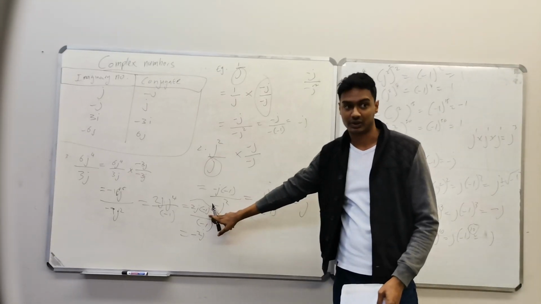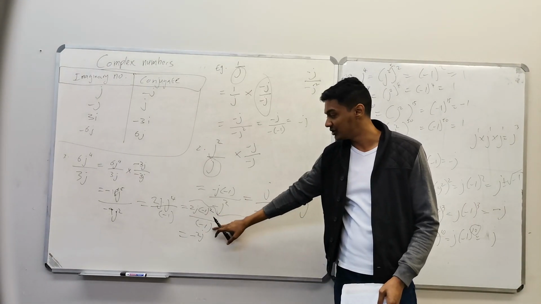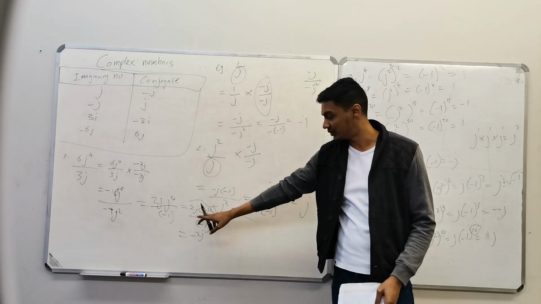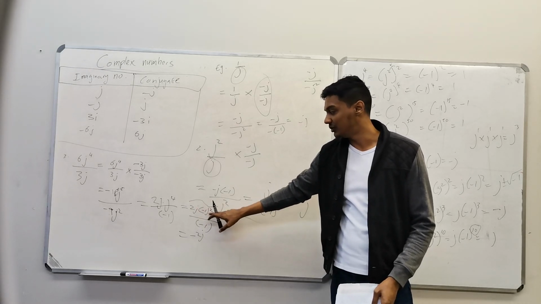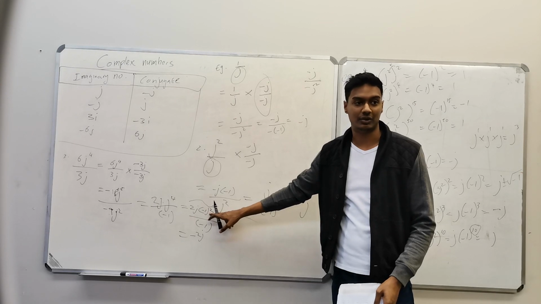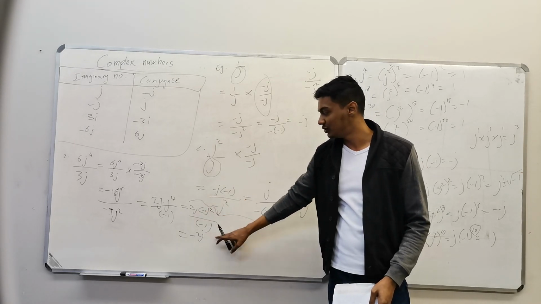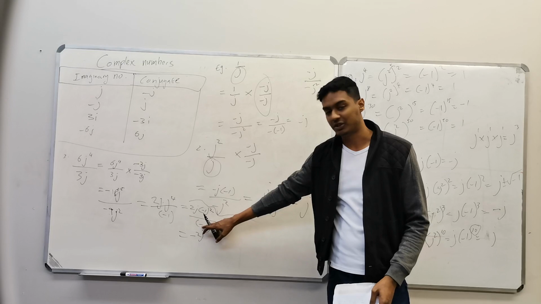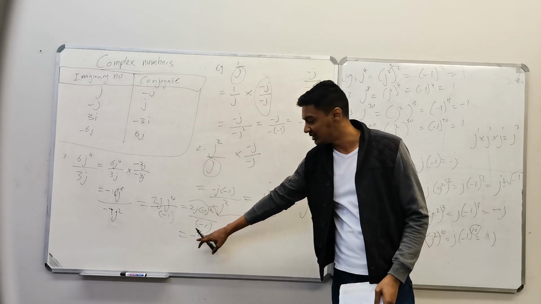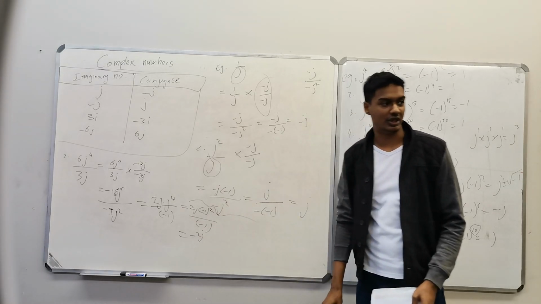That's how I got negative 1 squared. At the bottom we already know it as negative 1. Negative 1 to the power of an even number is positive. We're left with 2j only, so the ones cancel out. At the bottom we got negative 1, so the entire thing becomes negative 2j.